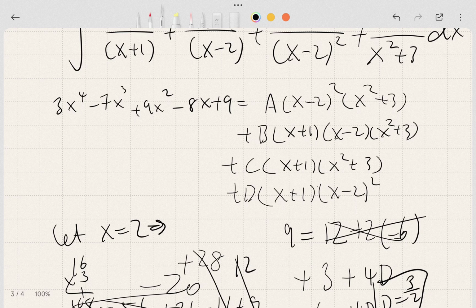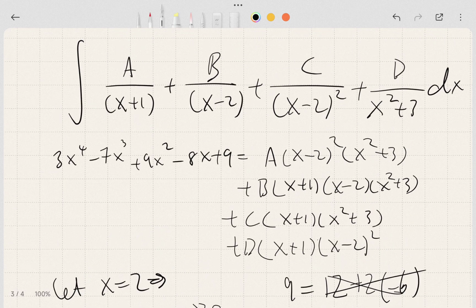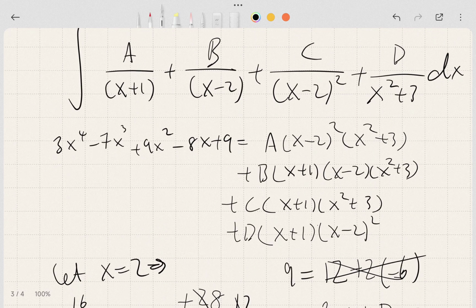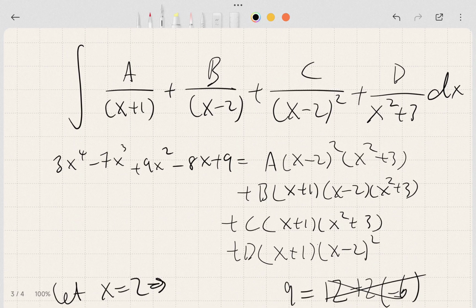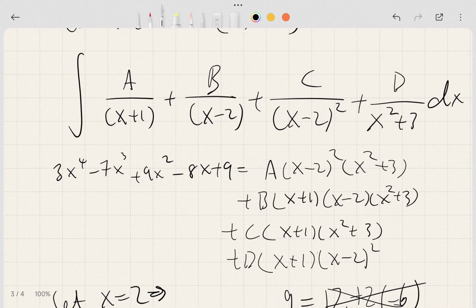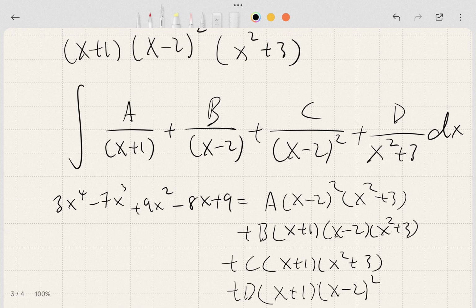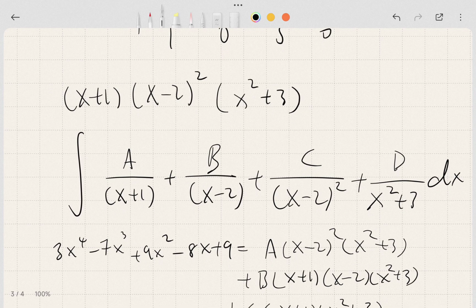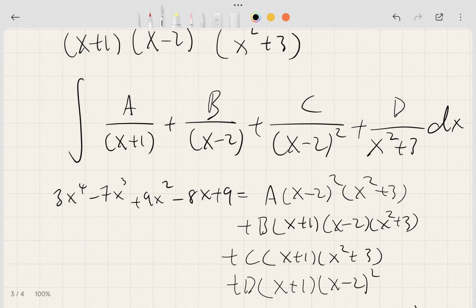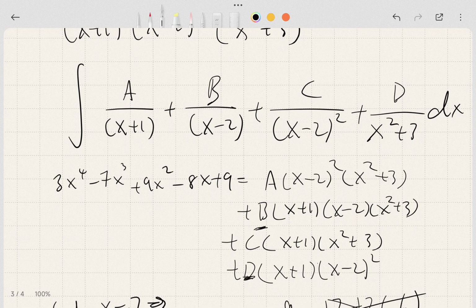So let's have a think about how to get B on its own. Okay, so A plus B, C. Okay, so we have to solve for B and D, those two numbers.